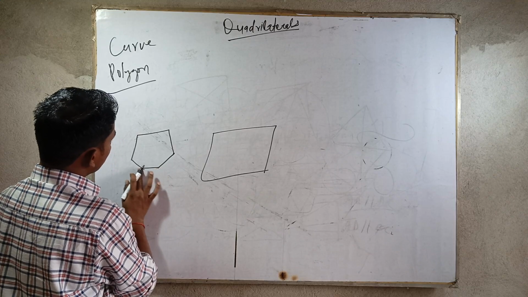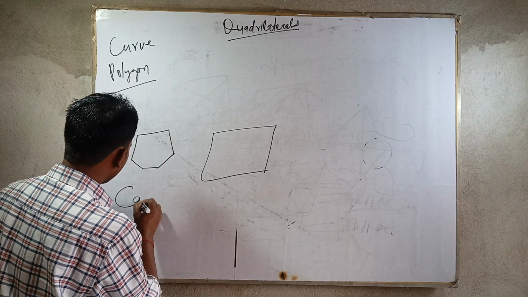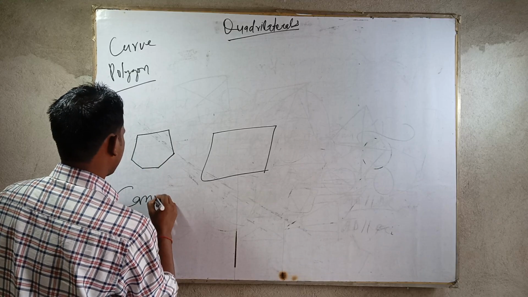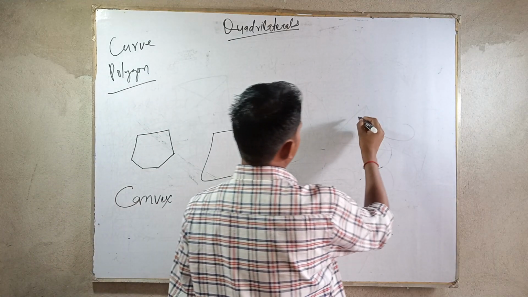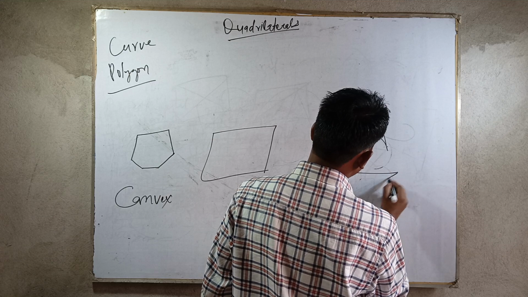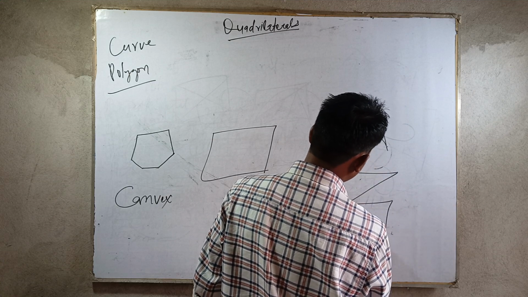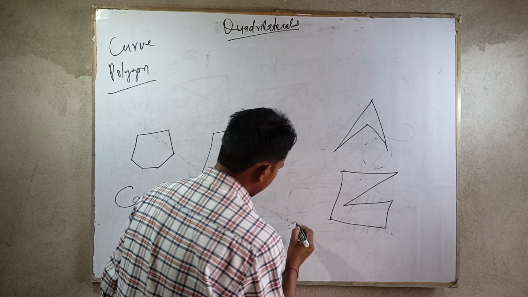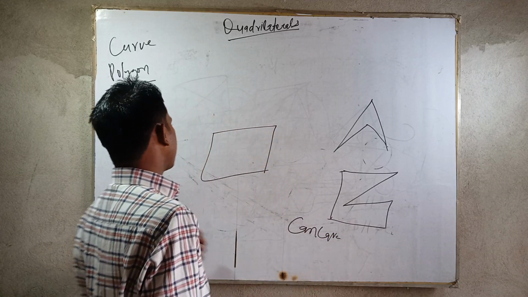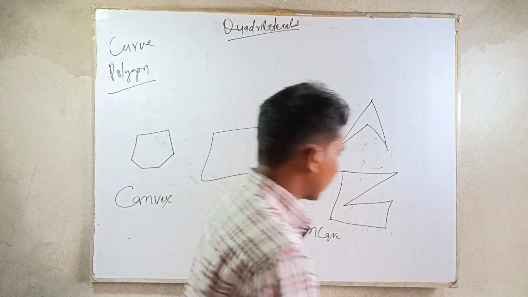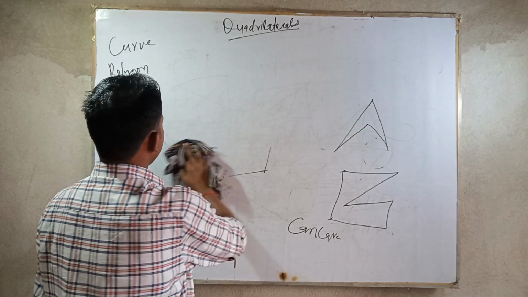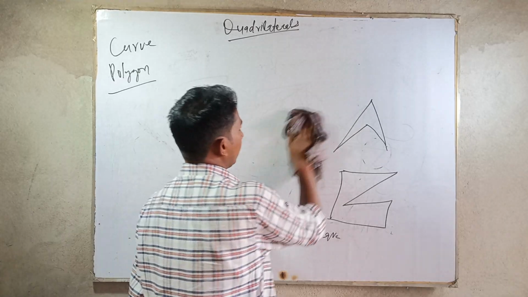These are called concave polygons. Now we'll discuss the classification of polygons, so you have to stay with this video, because you are going to learn so many things.